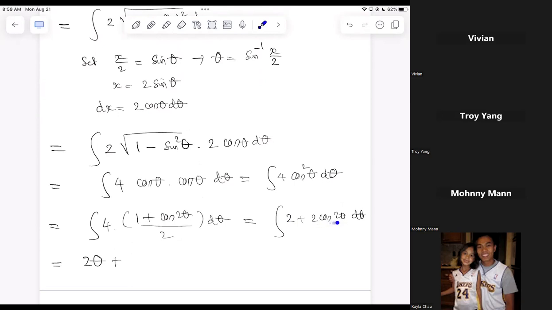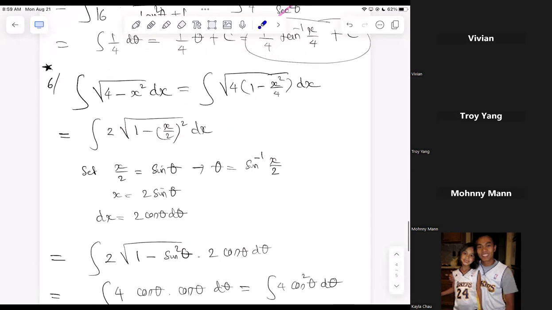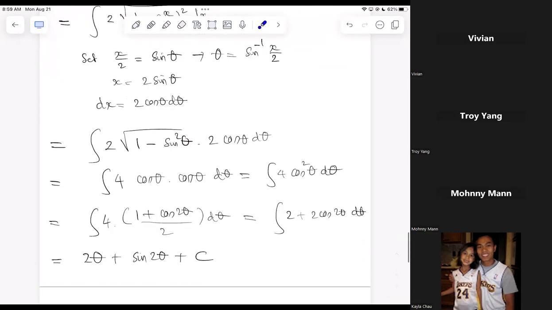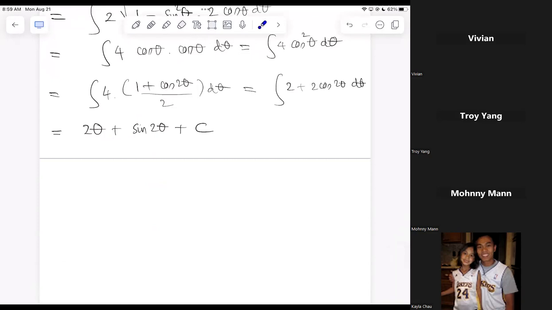The integral of 2 cosine 2 theta is equal to sine 2 theta, plus C. And because the question gave me x, and now I have theta, I have to convert back to x.